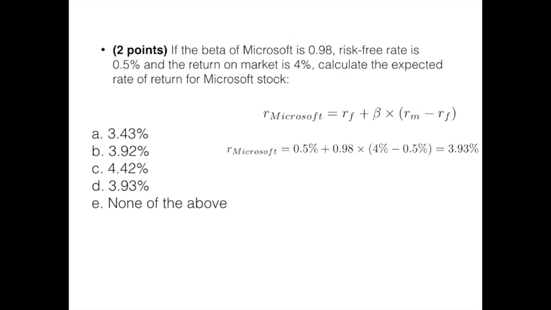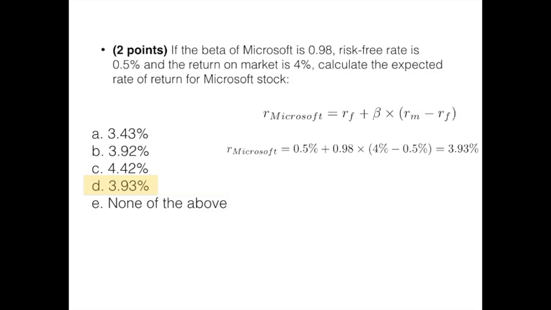Or in other words, it will be 0.5%, which is the risk-free rate, plus 0.98, which is beta, times, now market risk premium is return on the market, 4%, minus the risk-free rate, 0.5%, and you obtain the number of 3.93%, which is answer D.